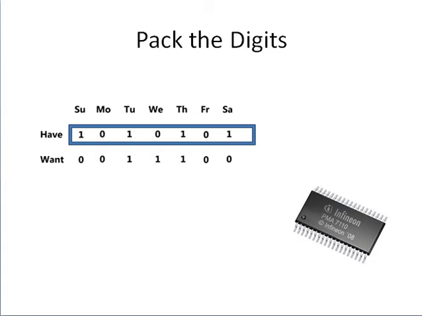In the conventional approach, we're using 7 variables, that is at least 7 bytes, to store a schedule. But when we pack the digits, each byte has 8 bits, and we have used only 7 out of 8 bits. Right? There were 8 bits in a byte, and there are only 7 days in a week. So we can take full advantage of this.